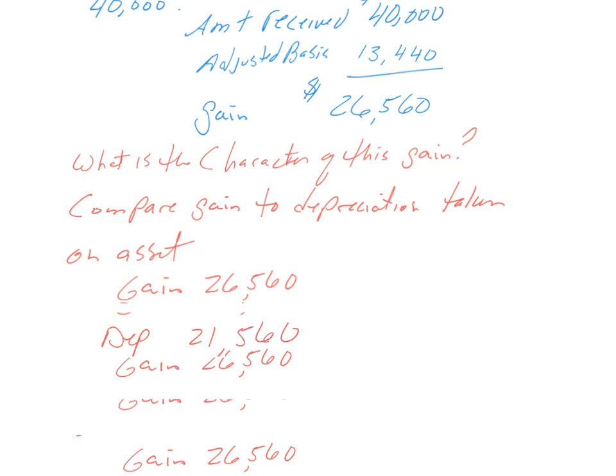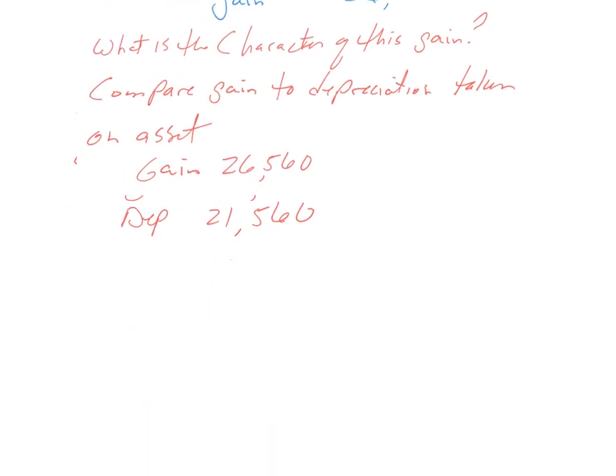All right, and we can see that our gain is larger than that depreciation. So now what do we have to do? Now we have to recapture the depreciation taken. All right, so what does that mean?